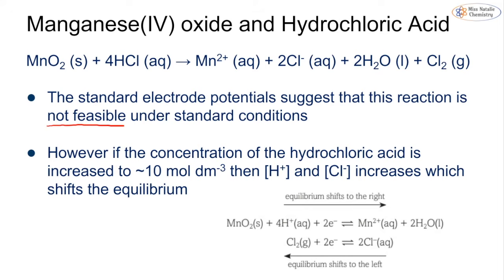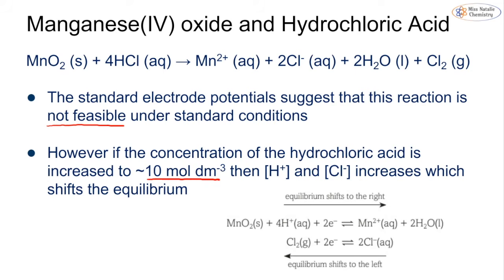However, if we were to change away from standard conditions and increase the concentration of the hydrochloric acid from 1 up to 10 moles per decimeter cubed, then we're going to increase the concentration of the hydrogen ions, and we're going to increase the concentration of the chloride ions, and this then shifts the equilibrium in the direction that we want. This would cause the electrode potential for the manganese to become more positive and the electrode potential for the chloride to become less positive, but the problem here is we're changing the values.